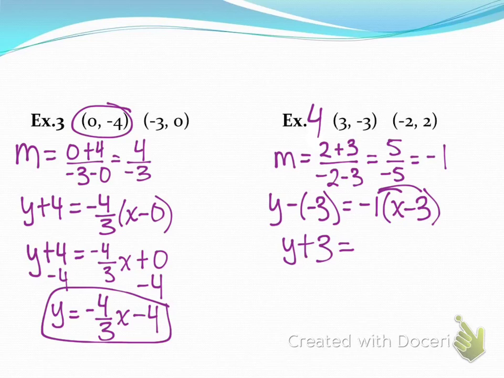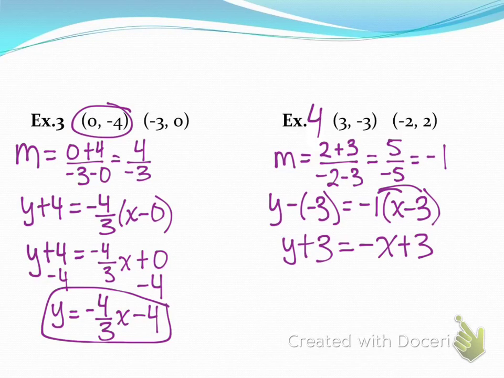We're distributing this negative 1 into the parentheses, so what would we get? Would it be negative x and positive 4? Close. What's 1 times 3? Positive 3. Very good. So we would have y plus 3 equals negative x plus 3.